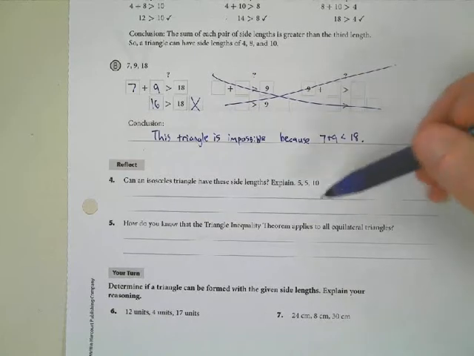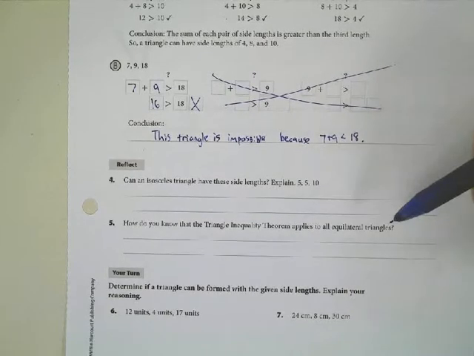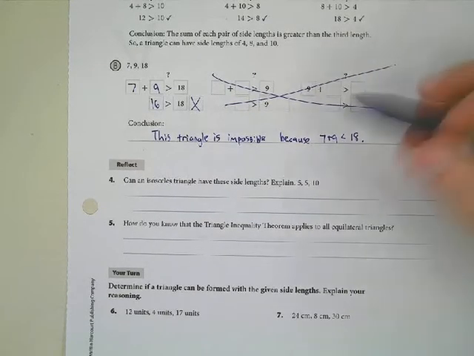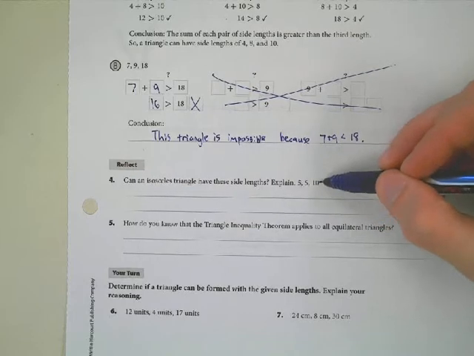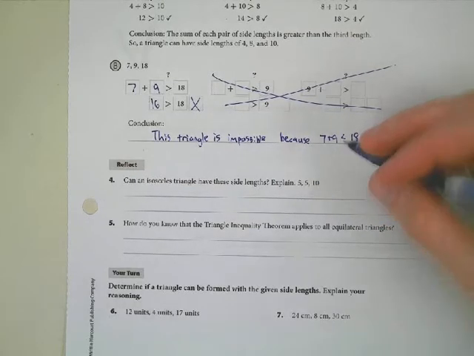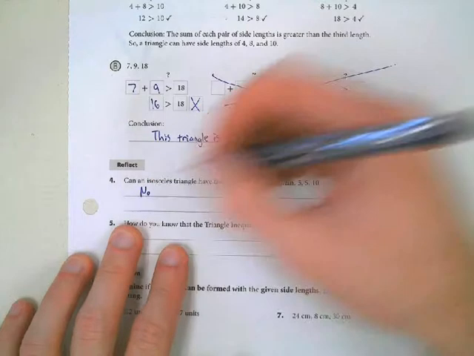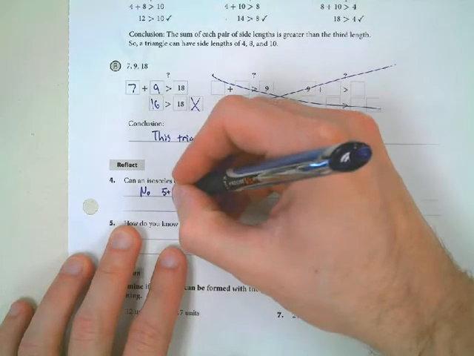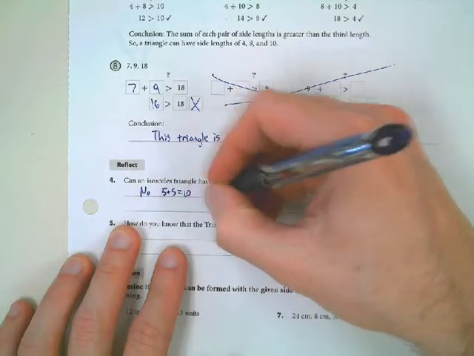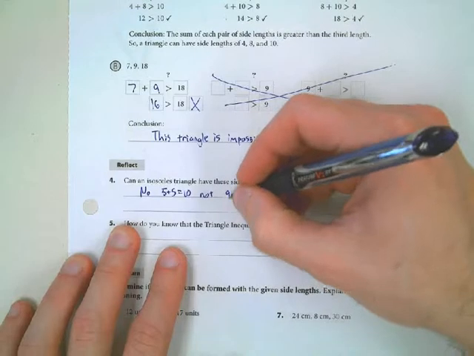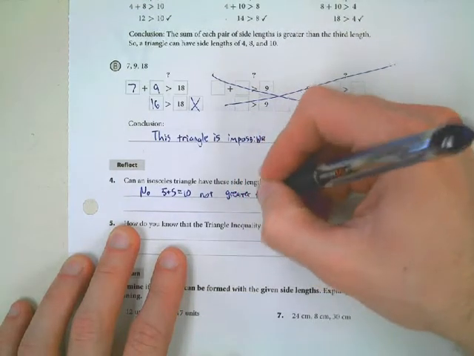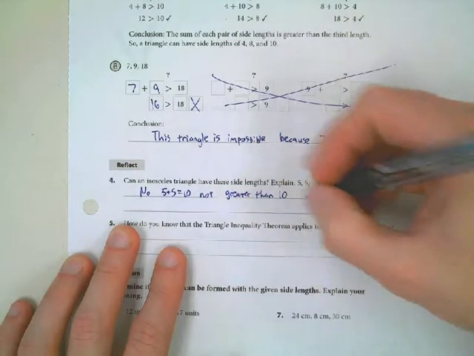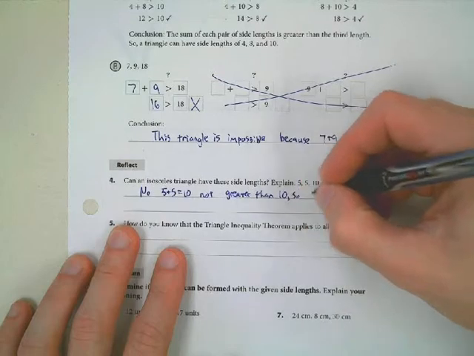I see two congruent sides here. That makes it isosceles, right? Not greater than 10. So 5 plus 5 is not greater than 10. It's equal to 10. So no. 5 plus 5 is equal to 10, not greater than 10, or something along those lines. So the triangle cannot exist.